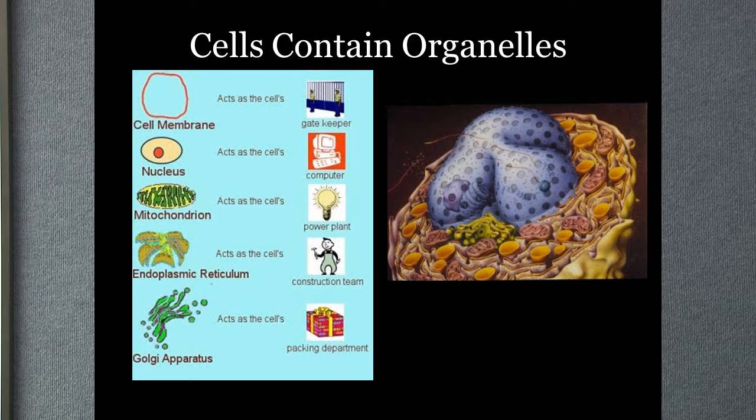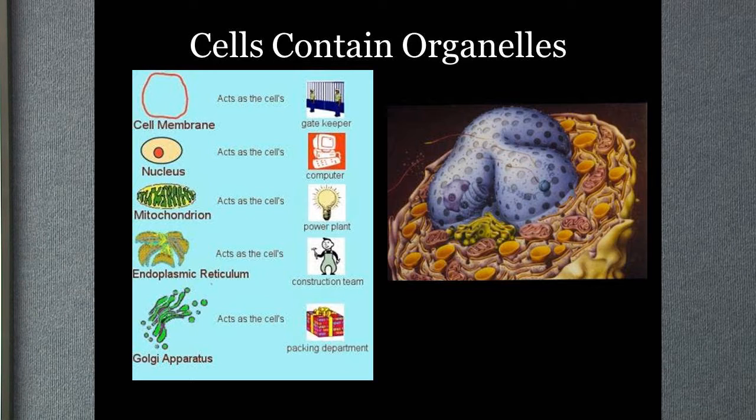Here we see the nucleus of a cell, and that's the cell's computer. That's what tells the cell what to do. We also have mitochondria. This is a single one. The mitochondria are multiple ones, and they are the power plant. They make energy. And here we can see those in these cells. These are mitochondria.